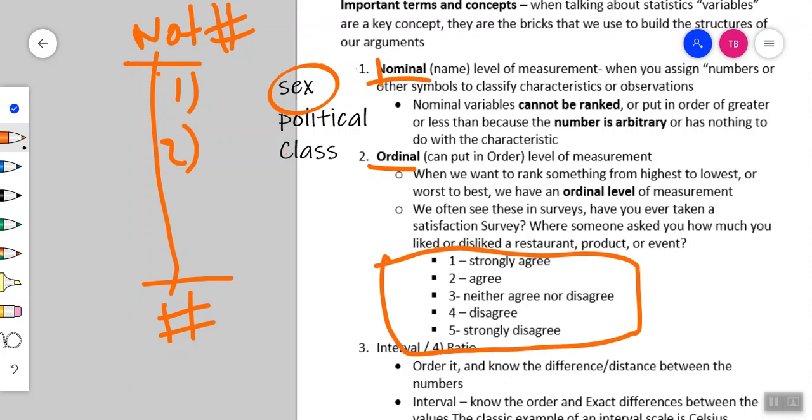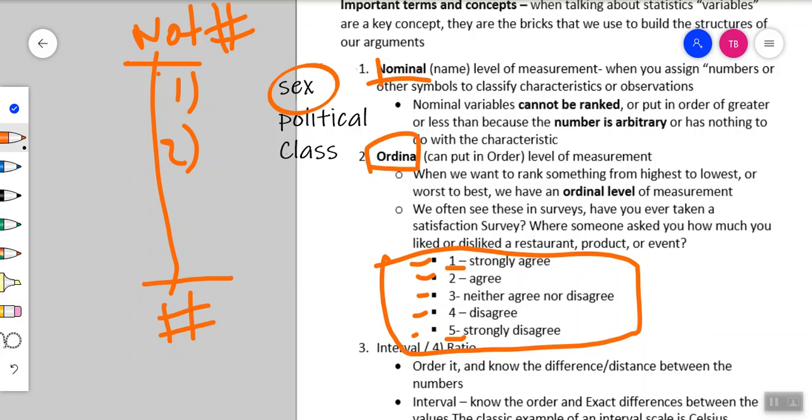If you said on a scale of 1 to 5, how satisfied were you with your meal today, or how satisfied are you with your service with anything else? One would be like very satisfied, strongly agree, versus all the way to the other end, strongly disagree. So ordinal in this case is something that could be ordered because you can see that there's a 1, 2, 3, 4, 5.